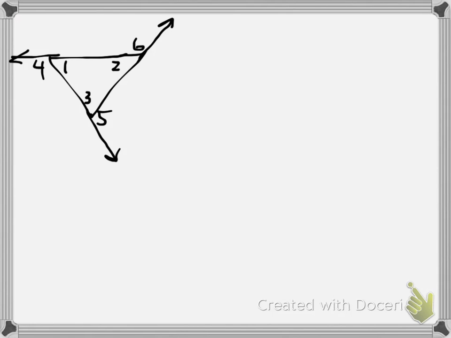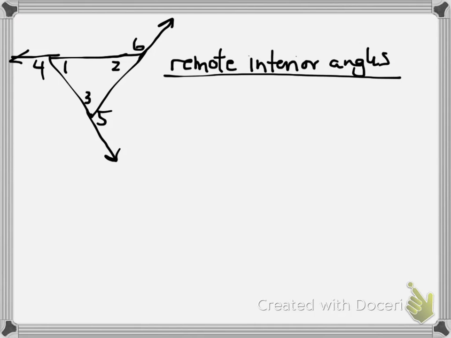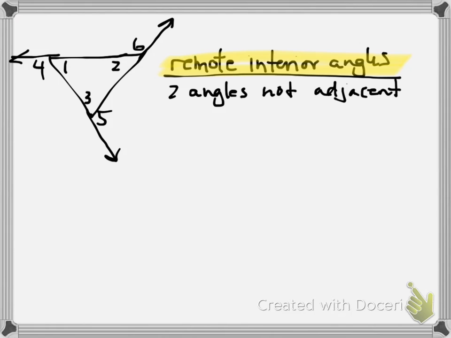And I want to give you one more vocab word, and that is remote interior angles. The remote interior angles are the two angles not adjacent to an exterior angle.